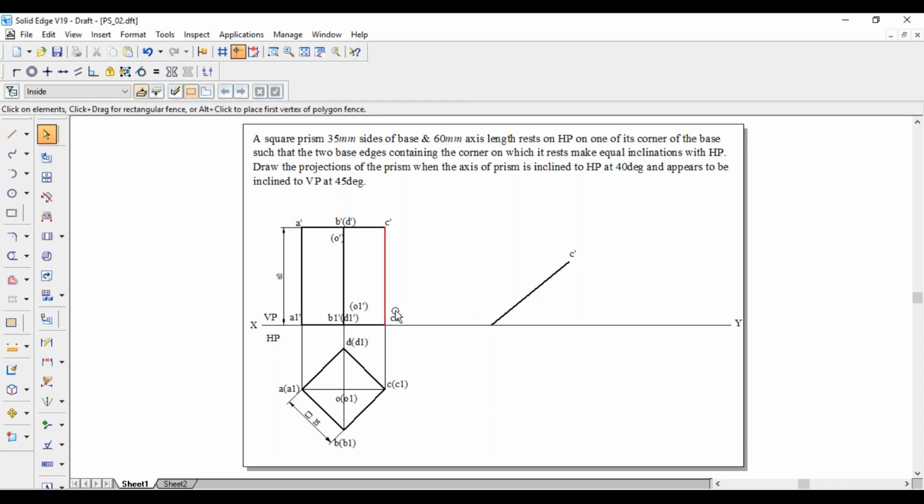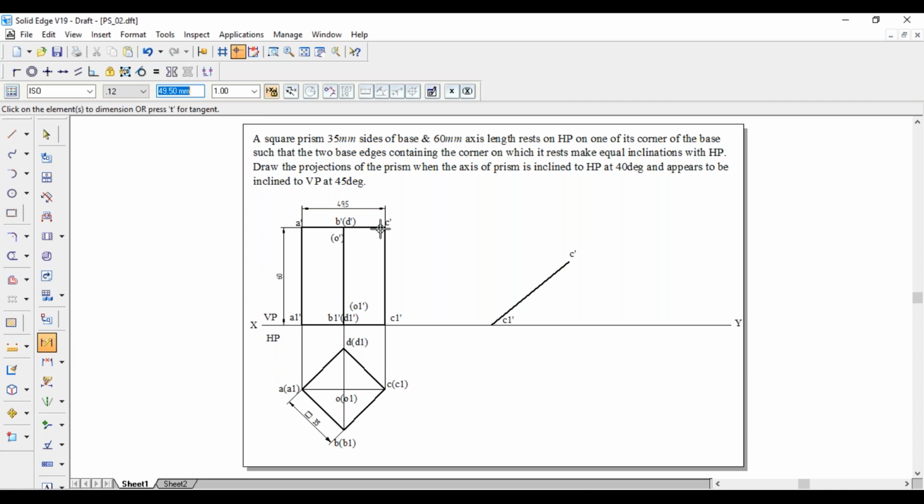Next, A1 dash C1 dash and A dash C dash are perpendicular to C dash C1 dash. The length of those two lines is 49.5 mm. So from C1 dash, draw a line perpendicular to this line. The length will be 49.5. Similarly, from this one also, draw a line of 49.5.